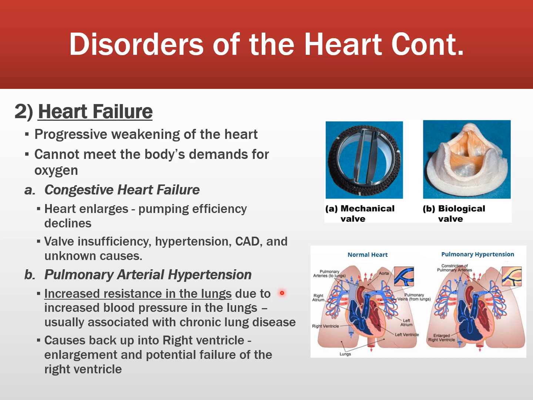So you have emphysema, things like that, that are causing the lungs not to function correctly, and the capillaries, the blood vessels, get smaller in the lungs, so it increases the resistance, and the right side of the heart has to work harder. So essentially you get some backflow of blood into the right side of the heart, and then you have right-sided heart failure. So that is the problem with pulmonary hypertension.